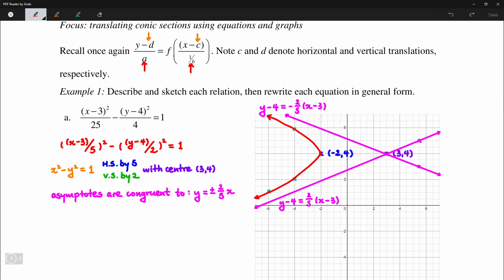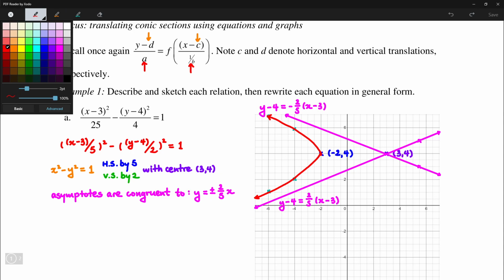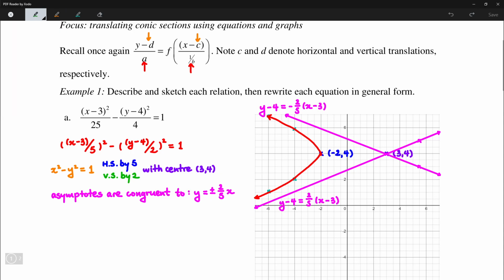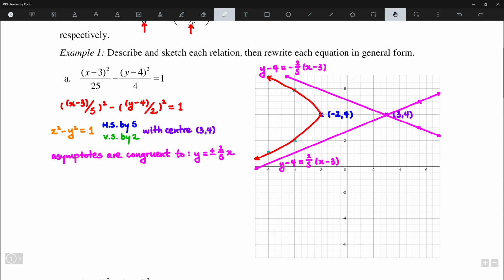Now, the next part of the question asks us to rewrite the equation in general form. Okay, so let's look at that part. So first step is to multiply every term by the lowest common denominator, which is in this case 100.